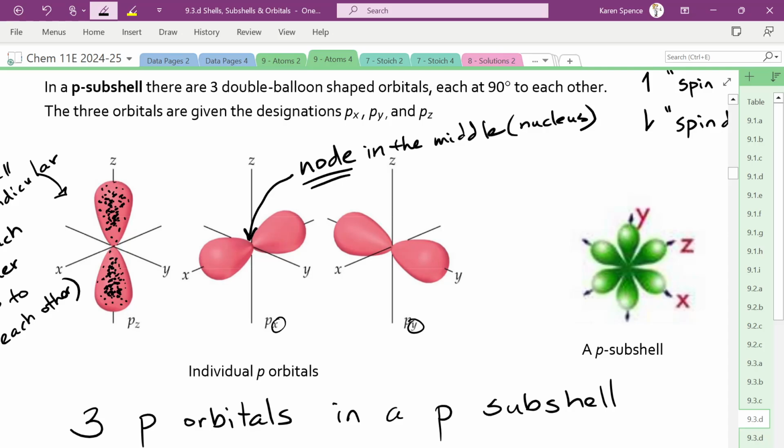Yeah, kind of like that. I didn't do a very great job. So the node in the middle is where the nucleus is, and there is no probability of finding an electron there.